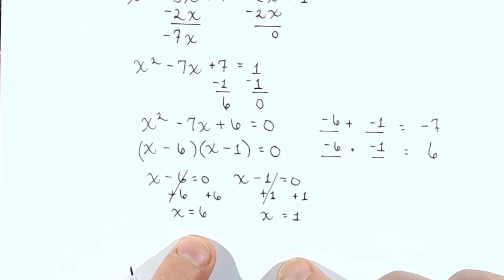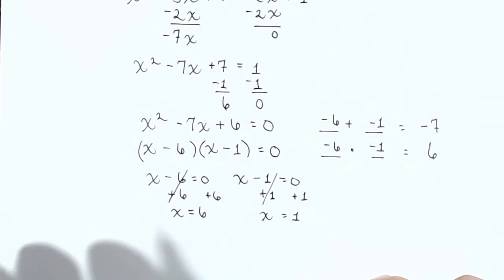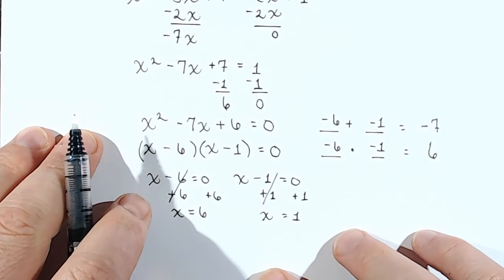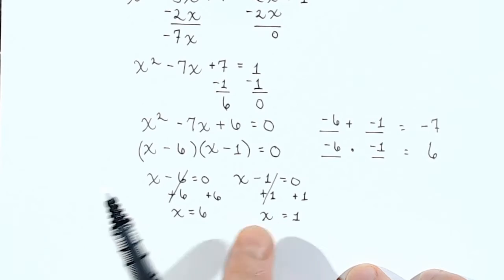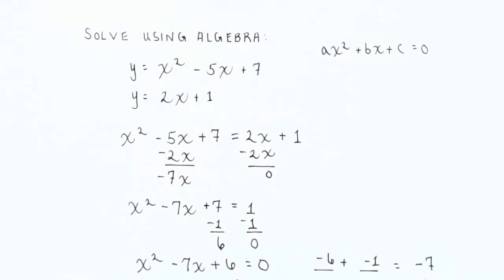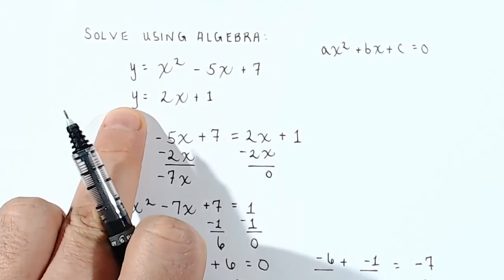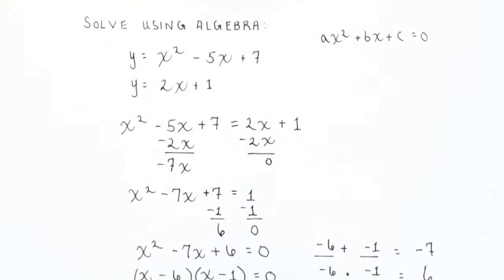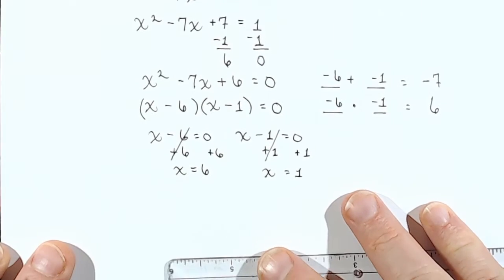In order to find out what the corresponding y values would be, you need to substitute these back into your original equations. And you could substitute them back into either one of your original equations. So this is by far the easier of the two equations. y equals 2x plus 1.